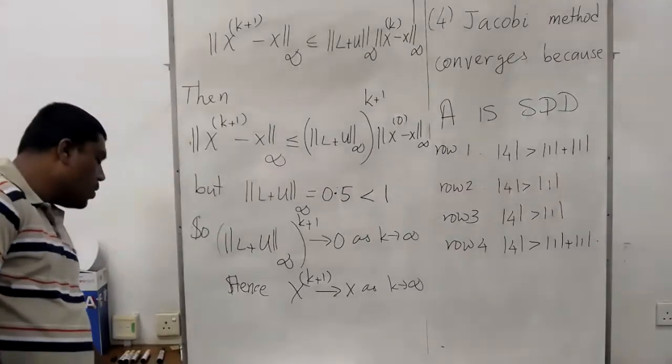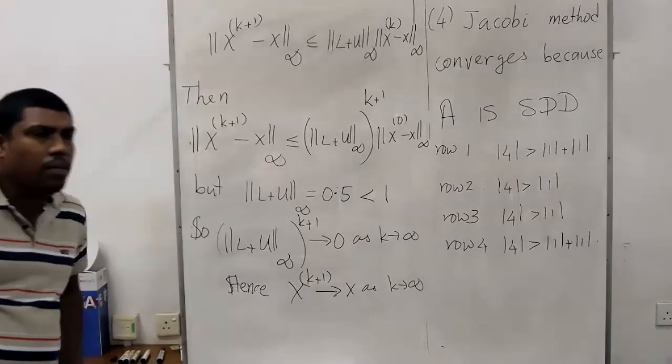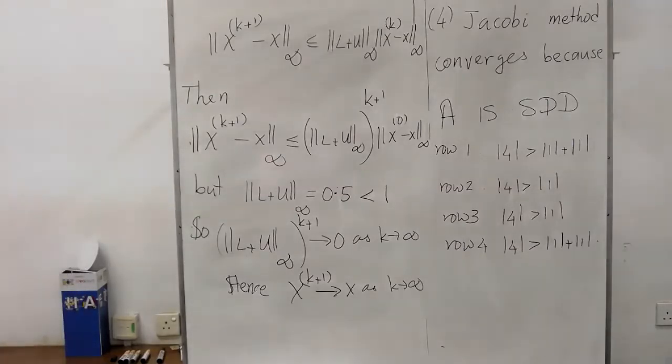So there are two ways to justify the convergence of the Jacobi method. One is directly by using the theorem we studied earlier, showing that the matrix A is strictly diagonally dominant, because then the sequence will converge.